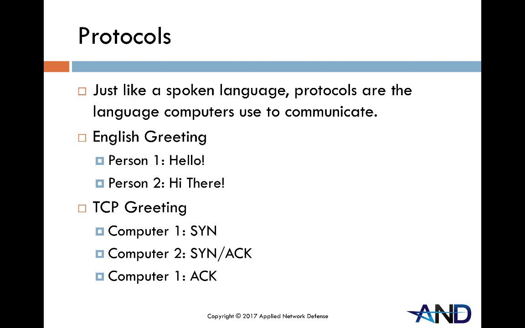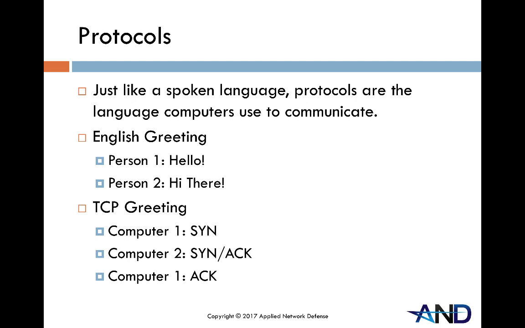So we'll talk about Transmission Control Protocol in detail later, but what we have on the screen here between computer 1 and computer 2 is really the same thing that we have with our English greeting between person 1 and person 2. Computer 1 says SYN, computer 2 says SYN-ACK, and computer 1 says ACK, and that's basically the equivalent to a greeting.